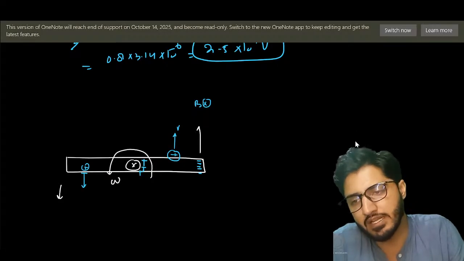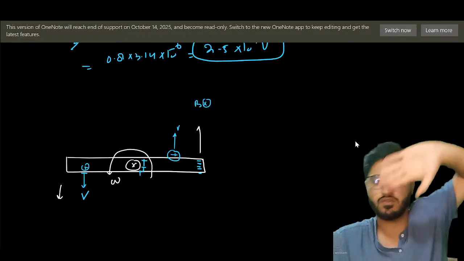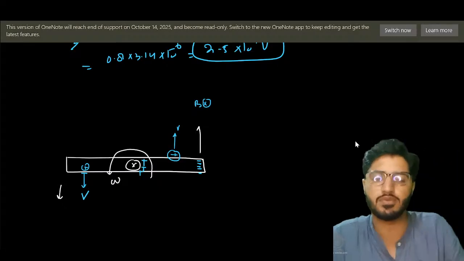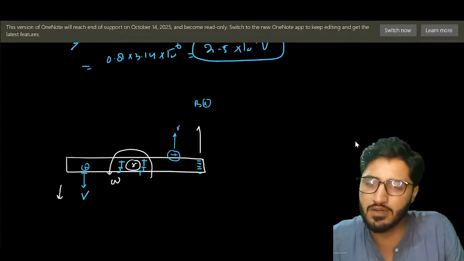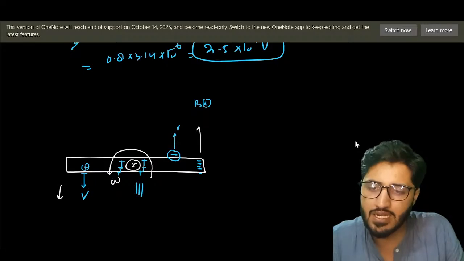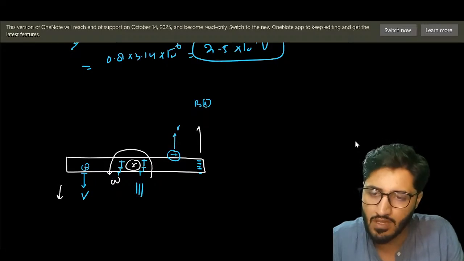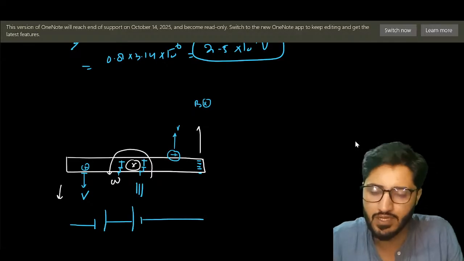Now about this particle, V is downwards and B is inside. So my thumb is towards the right, so positive charge will accumulate here. So it is negative, positive, then positive, negative.